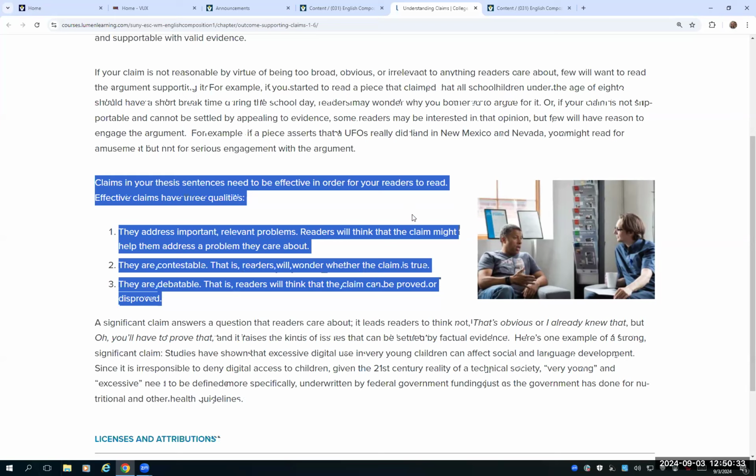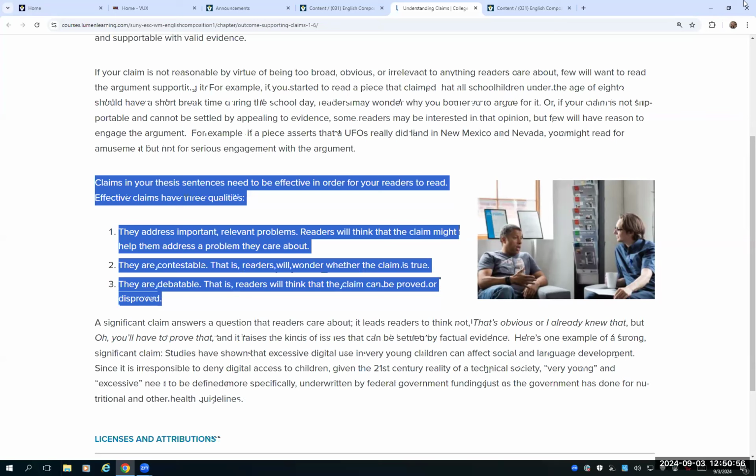So problems is our missing word there. So when you're looking for a claim in an article, you're looking for a claim that addresses a problem.